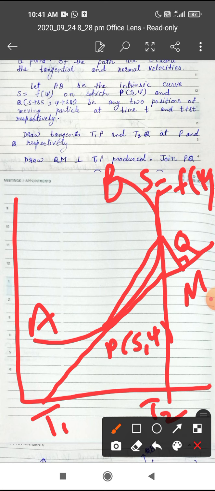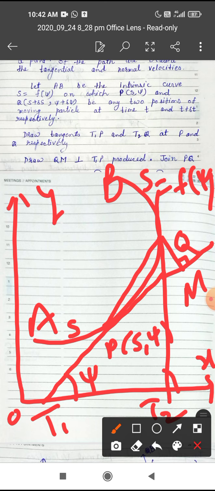Then the arc length AP is small s and the angle PT1T2 is psi. The arc length AQ is equal to S plus delta S, and let this be the OX, OY axis. So angle QT2X is psi plus delta psi.